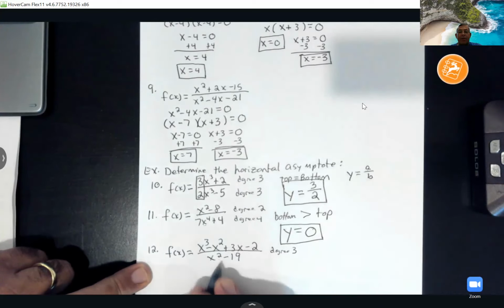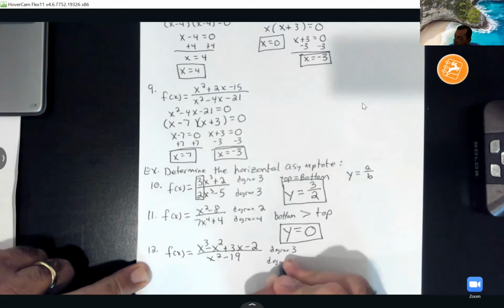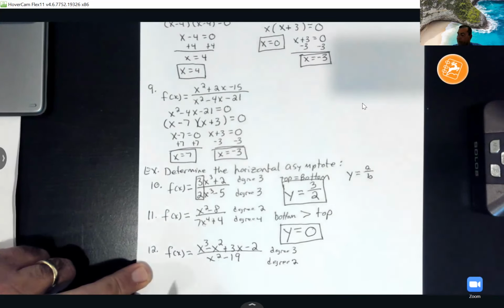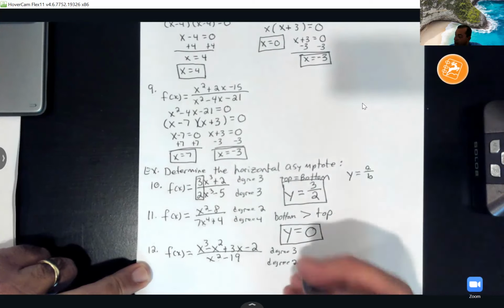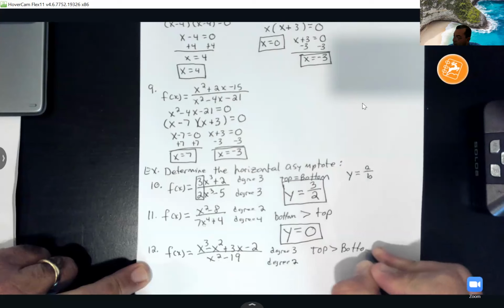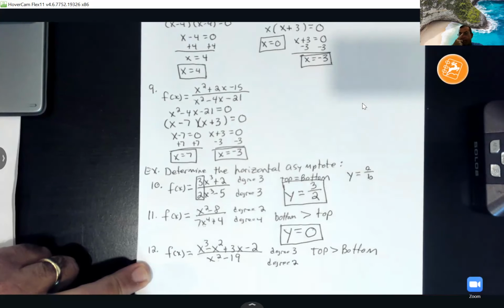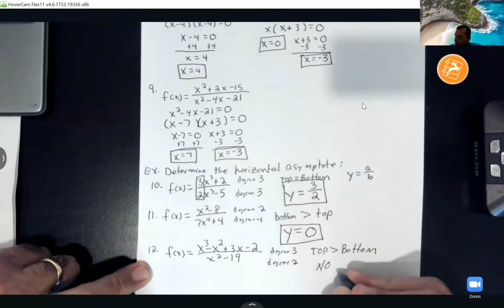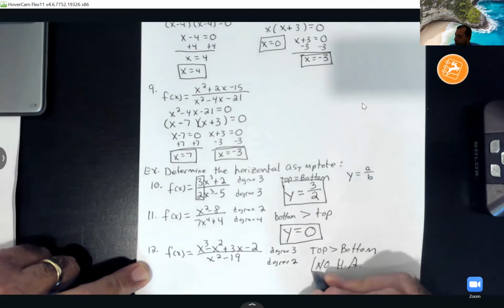The bottom is a degree 2. So when the top was greater than the bottom, what happens? So there you go. There's no horizontal asymptote.